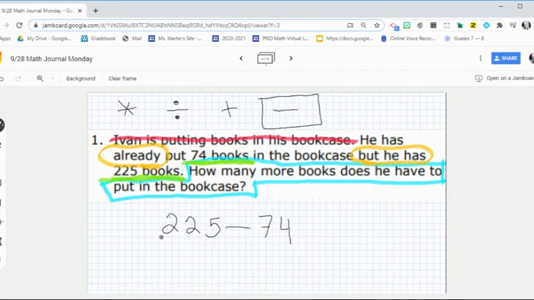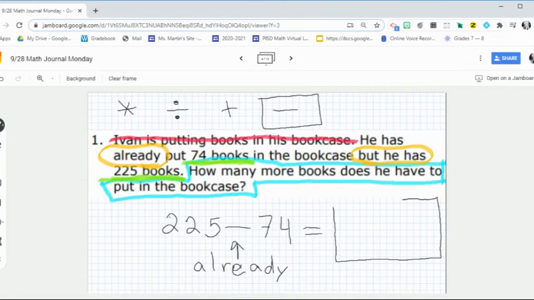So he has 225, but he already put away 74. If you do that math, you can find the answer to this problem, and you can tell me how many books he has left to put away. And I'll let you do that on your own.